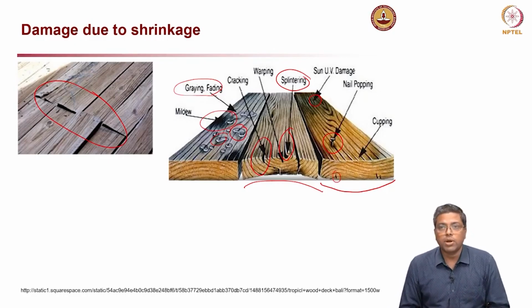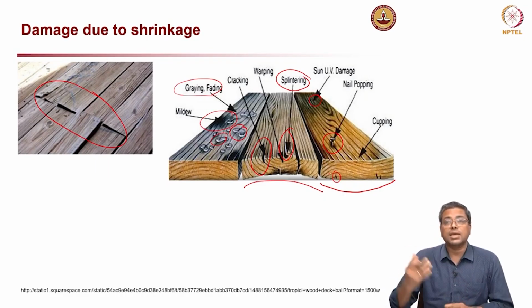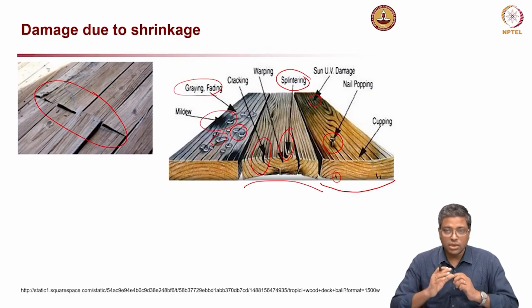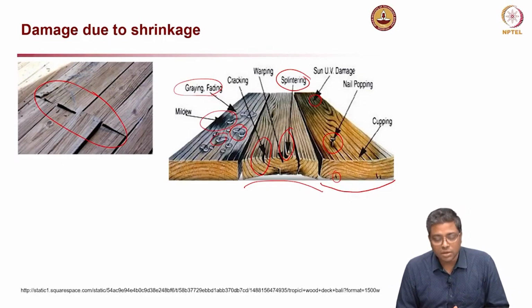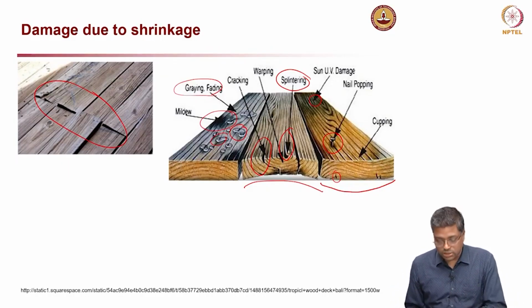Many of these problems, we call this behavior cupping on the right side. When that happens, even the nail can come off, okay, because of the pressure exerted by the wood itself through the shrinkage action. So, these are all general problems experienced by wood and wood structures.